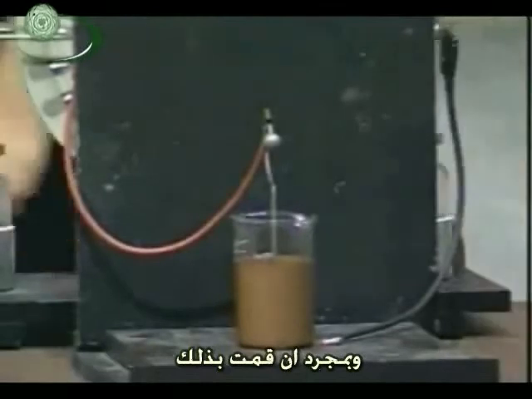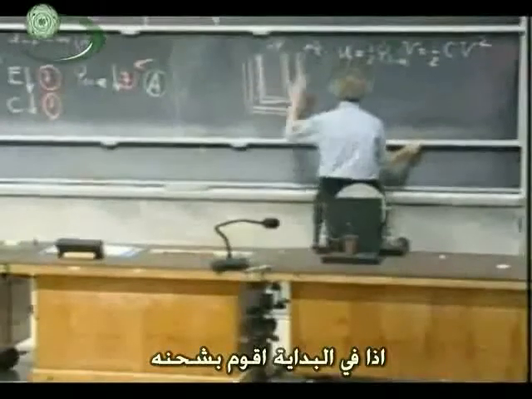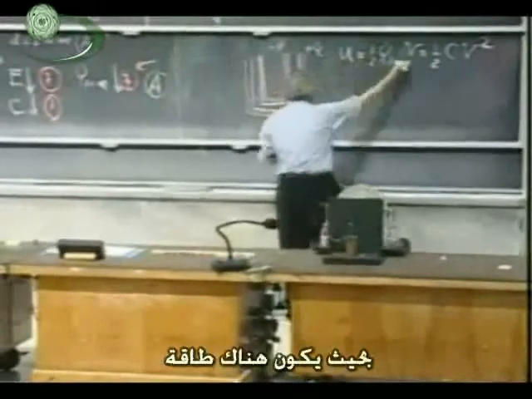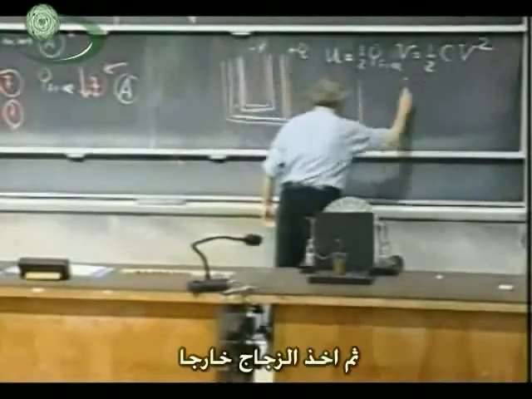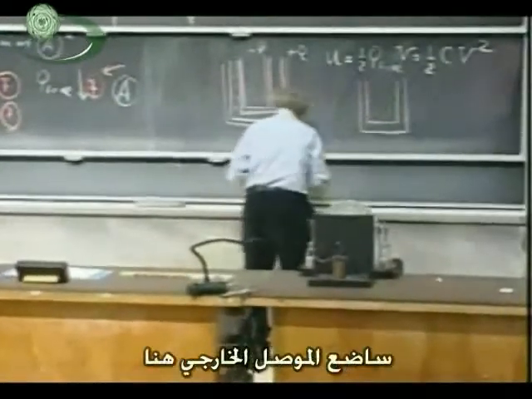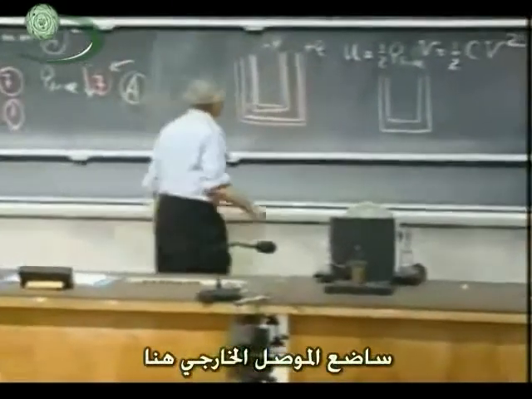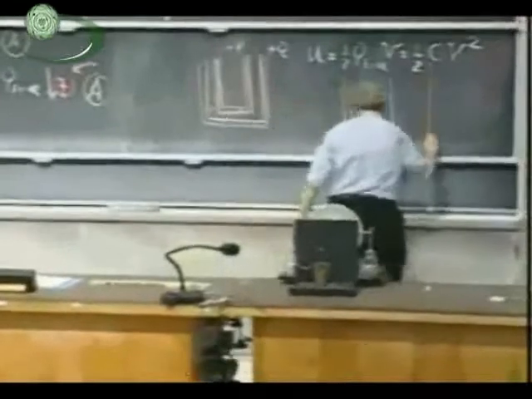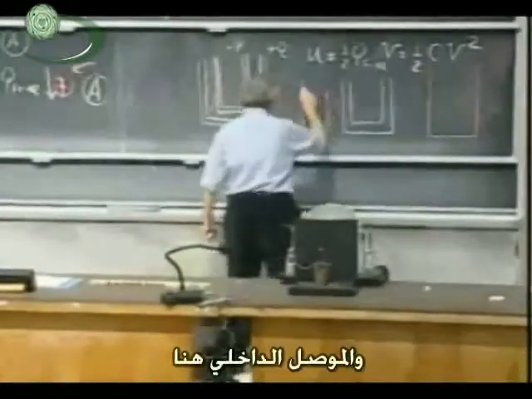Once I have done that, I will disassemble it. So I first charge it up, so there is energy in there, this much energy. And then I will take the glass out. I will put the outside conductor here, the inside conductor here.